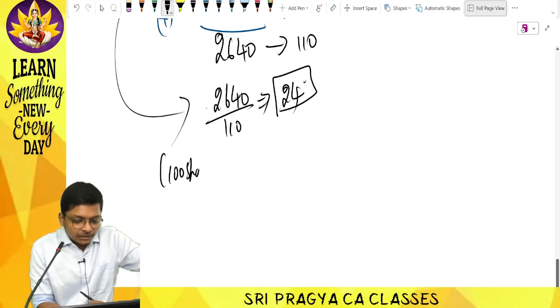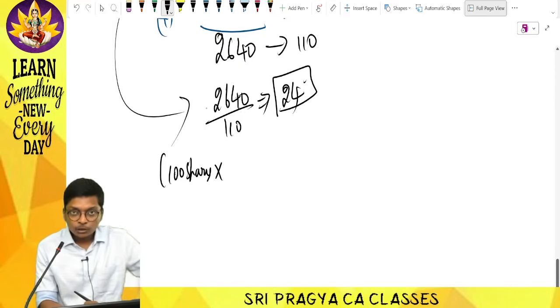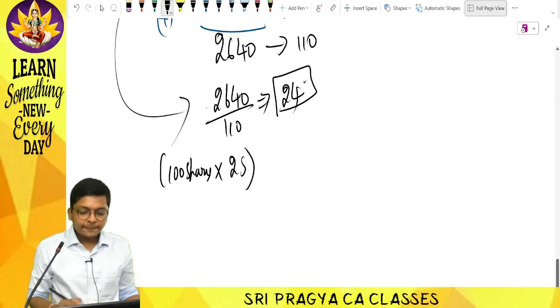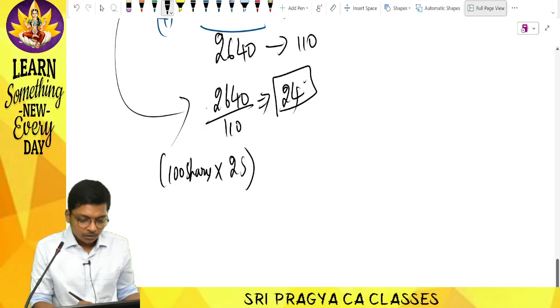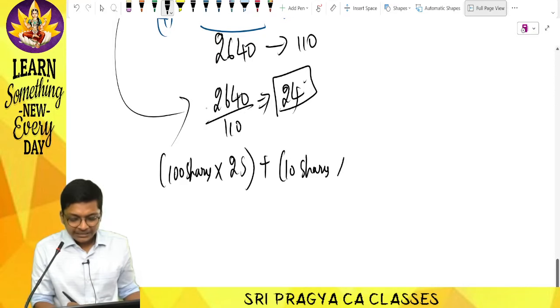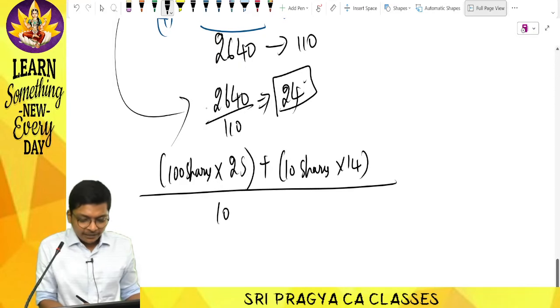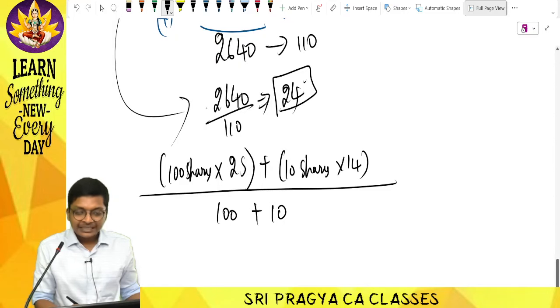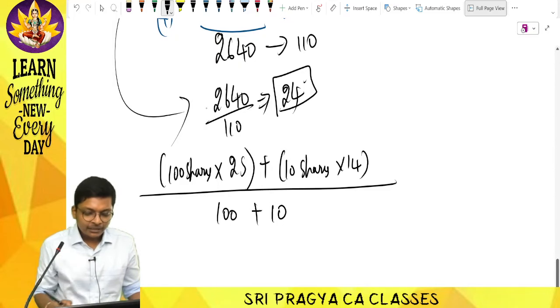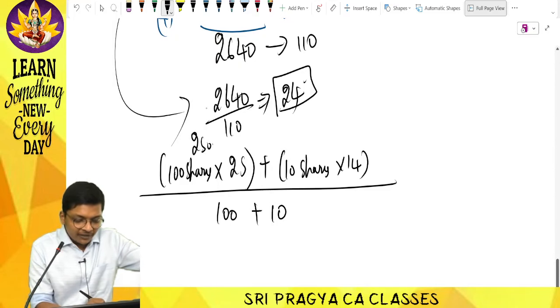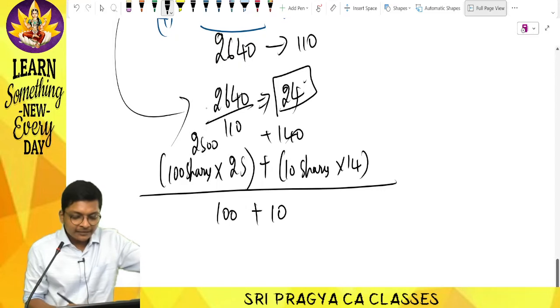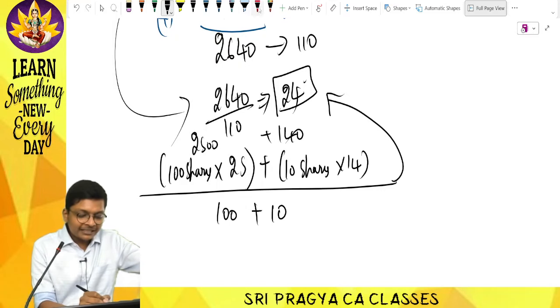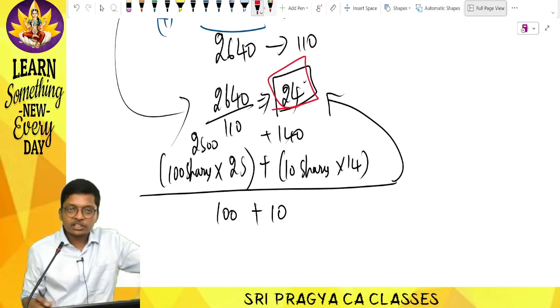What is 2640 breakup? Existing he has 100 shares into 25 per share plus new shares 10 shares into 14 per share whole divided by 100 plus 10, totally 110, and numerator will be 2500 plus 140 divided by this. You get the same answer as 24 per share.